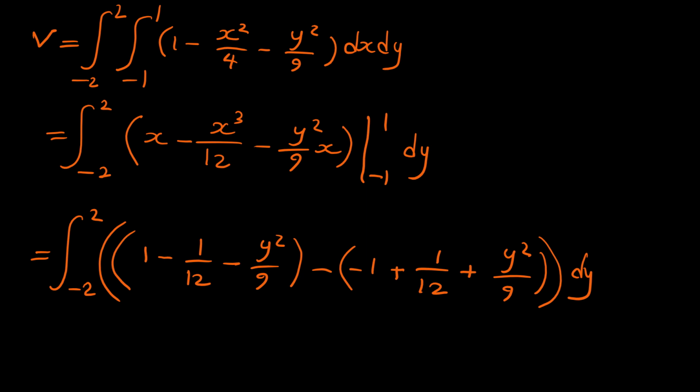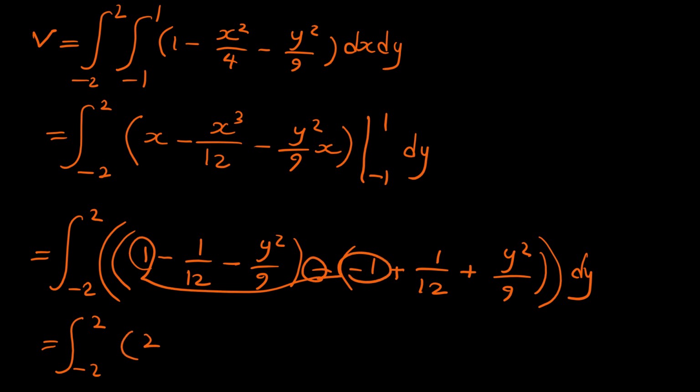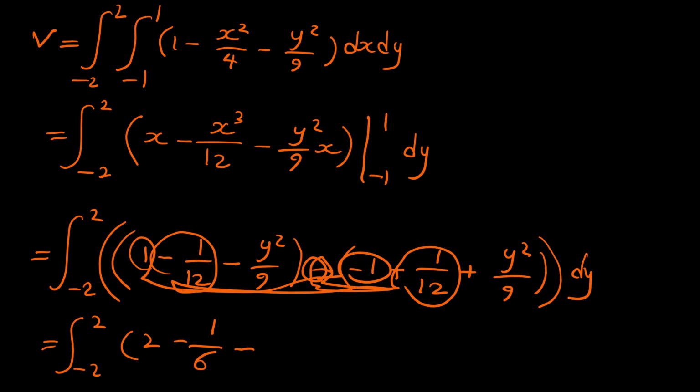Now if we simplify, this equals the integral from -2 to 2. 1 minus -1 is 2. Then -1 over 12 minus 1 over 12 is minus another 1 over 12. So in total we have minus 2 over 12, which can be written as 1 over 6.